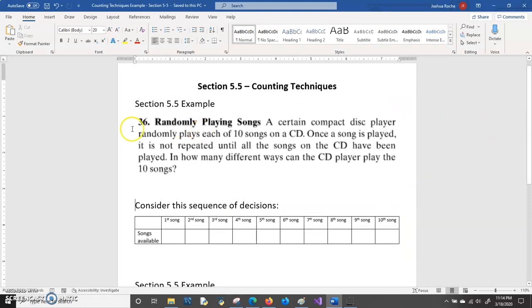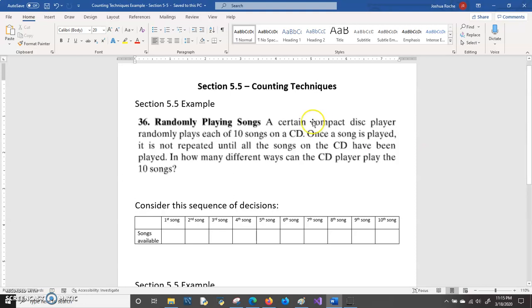This is an example from the slides. It's number 36 in section 5.5. They say, suppose that a compact disc player randomly plays 10 songs on a CD. Once a song is played, it's not repeated until all the songs on the CD have been played. In how many different ways can the CD player play those 10 songs?